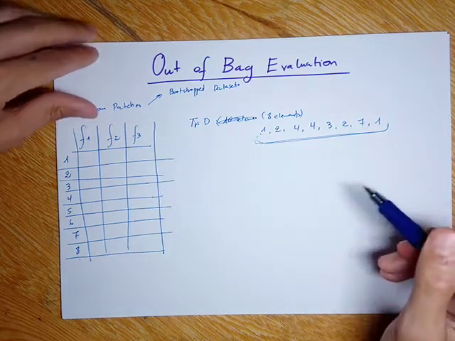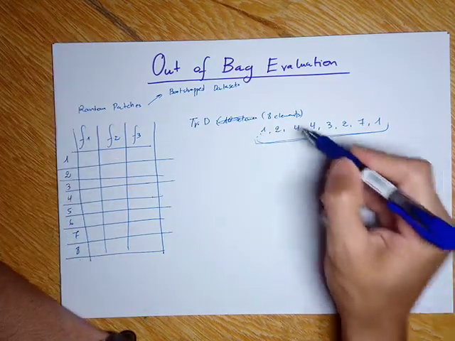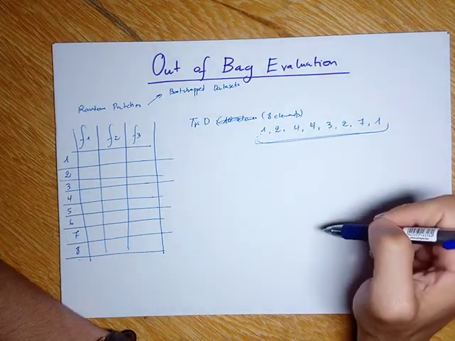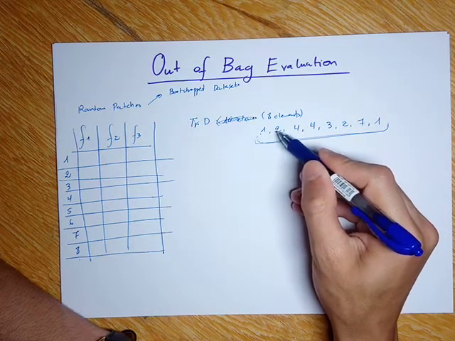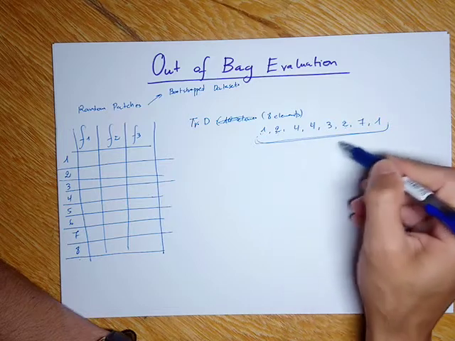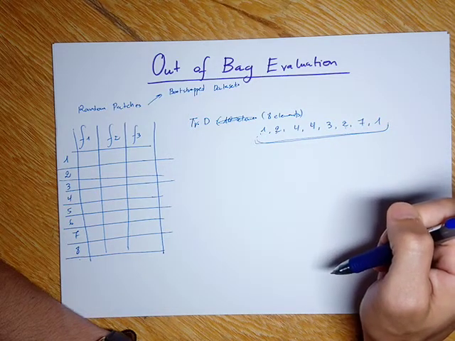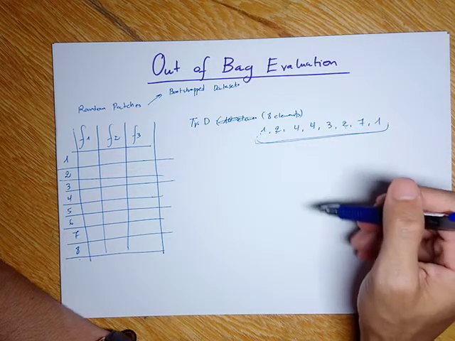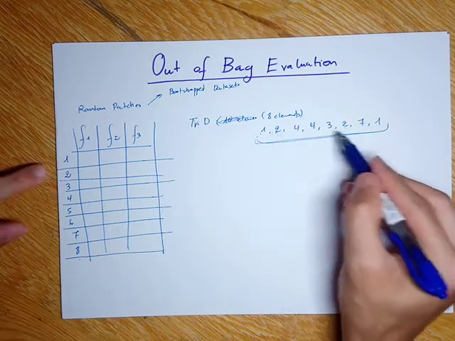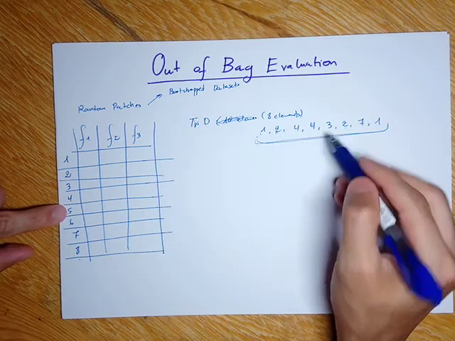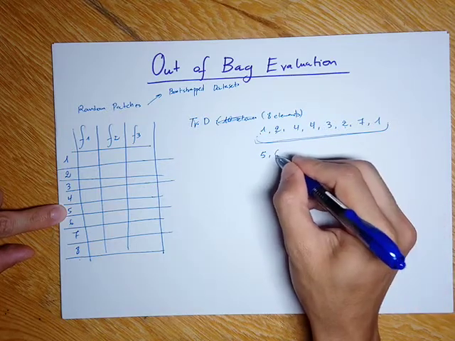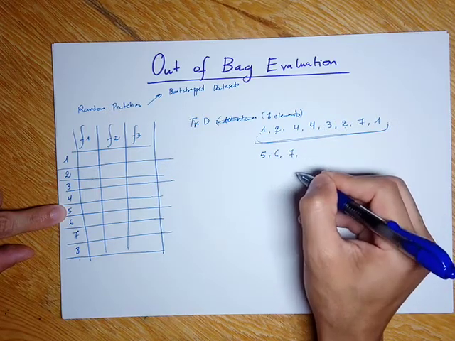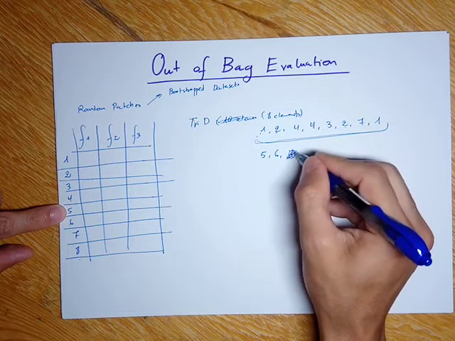And notice here that I have some replications. I replicated 4 and 4, and also I replicated sample number 2, the second sample, 2 and 2. And notice that I didn't take the following: I didn't take the 5th sample. Also, the 6th sample was not taken. Sorry, the 7th was taken.